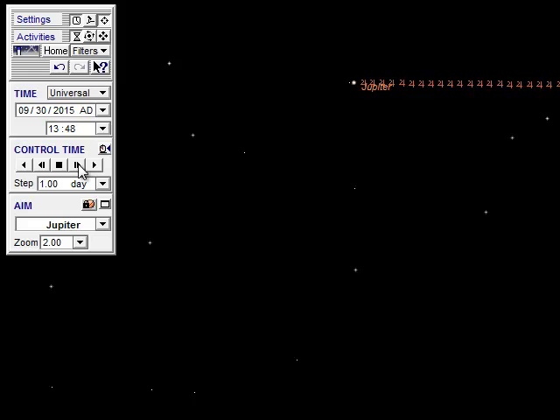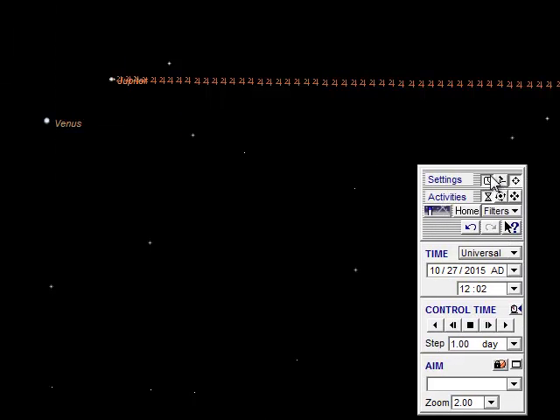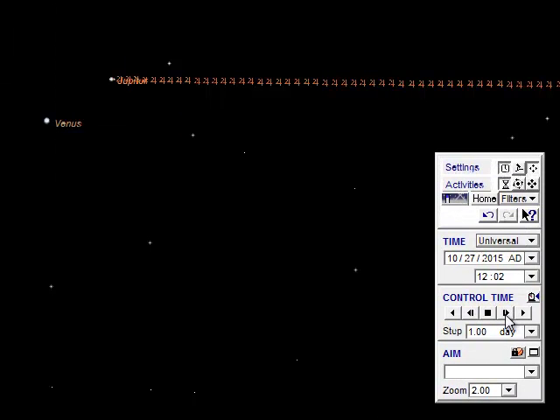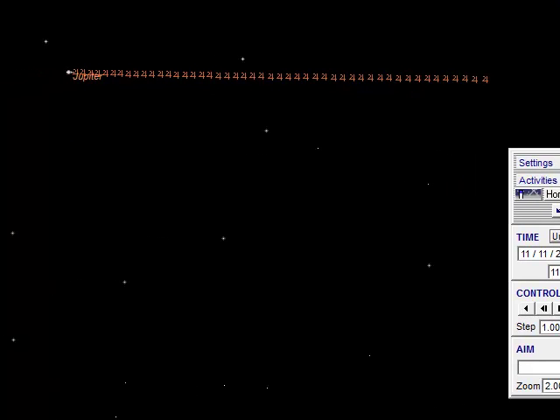Because we're faster, at some point we're overtaking Jupiter. We can see there was a moon a moment ago, and Mars enters the picture, and so does Venus. Okay, I'm now in October of 2015, and my screen is just a little bit too far.